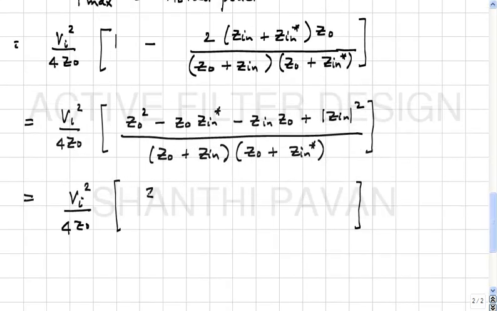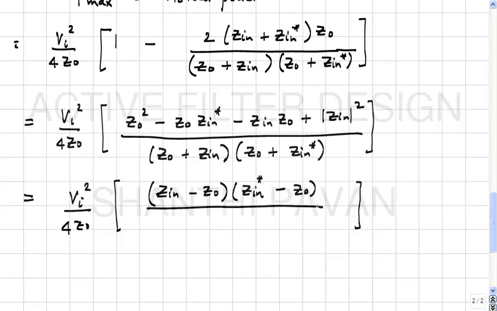It's Zin minus Z0, I'll write it this way, into Zin star minus Z0, and the denominator is Zin plus Z0 into Zin star plus Z0.